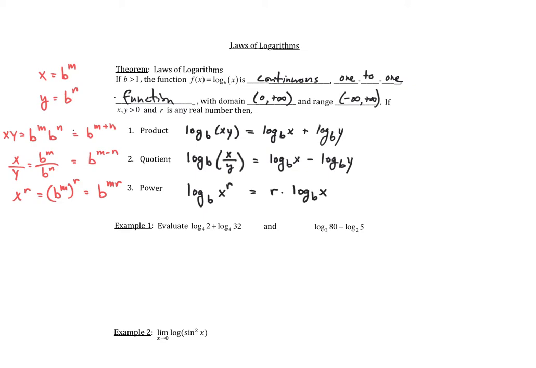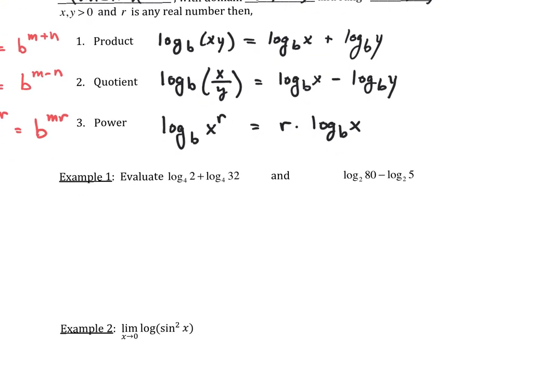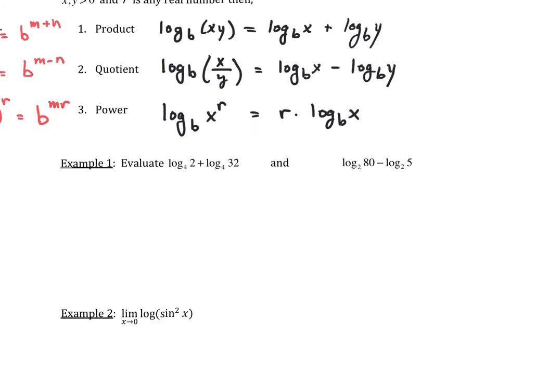And why don't we use these laws of logarithms to look at a couple of examples? So let me look at these examples right here. Okay, so the first thing: we want to evaluate log base 4 of 2 plus log base 4 of 32.